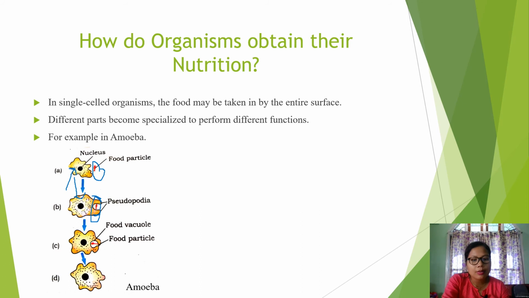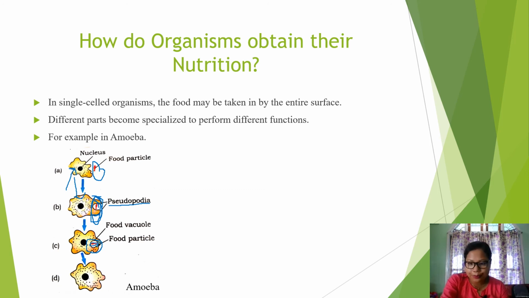What are these called? These are called pseudopodia. The pseudopodia fuse with the food particles, and later they form a food vacuole. You can see the food particle here inside the food vacuole.